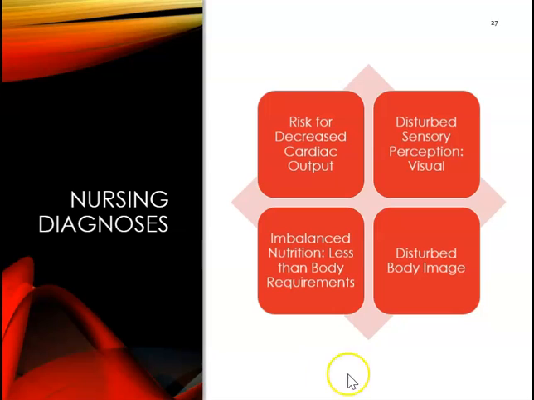Think about what's going on with that exophthalmos. Imbalanced nutrition, that's going to be due to an increased metabolism and weight loss. Think back to our previous question when Missy was placed on a 4,000 calorie a day diet. And disturbed body image. Think about the goiters and the hair loss, the fatigue, the exophthalmos, and the weight loss.